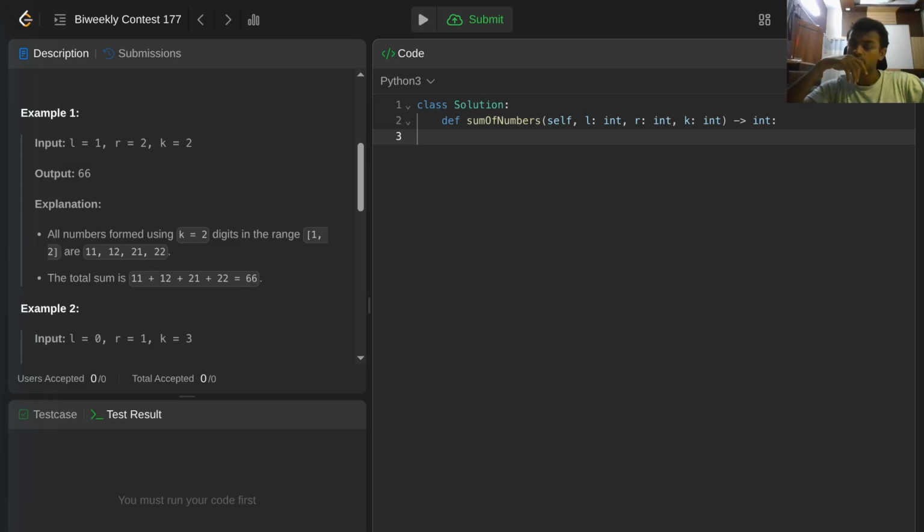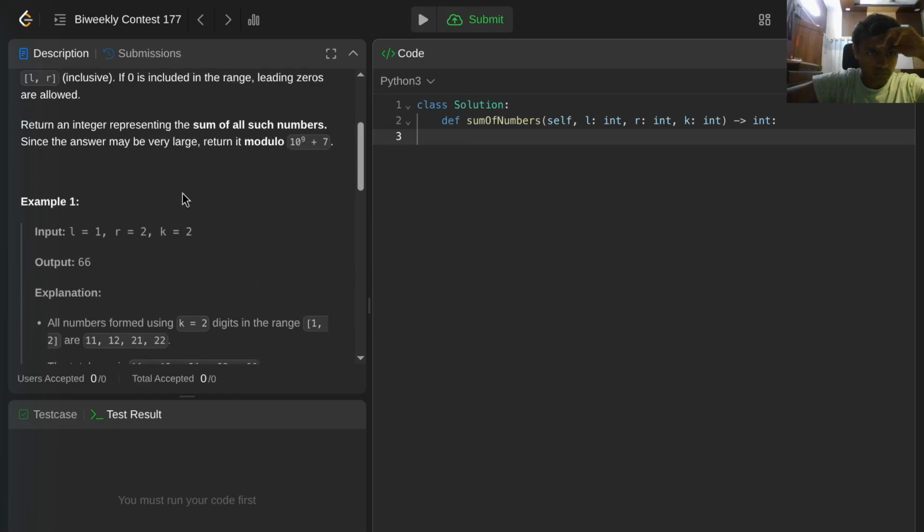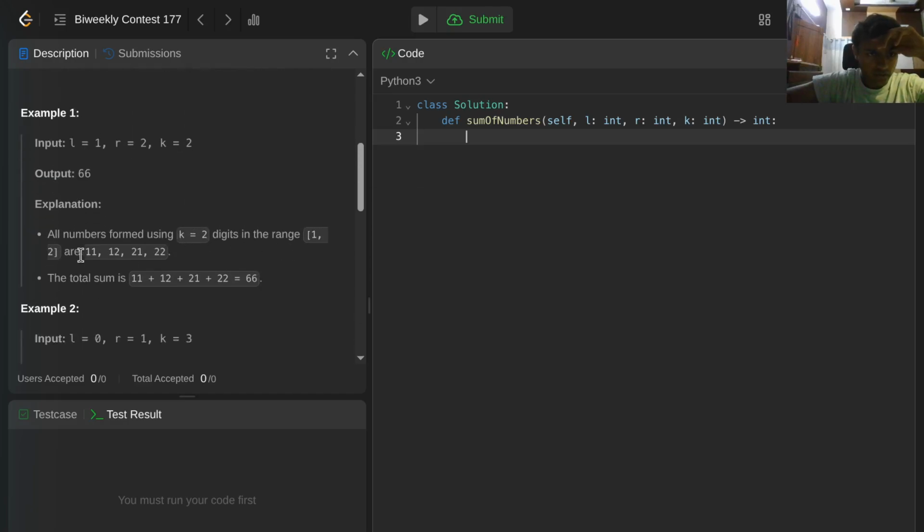Okay, number of possible ways of choosing the digits. How do I solve this? K is equal to 0.